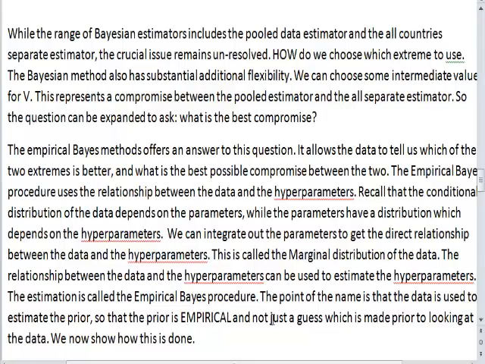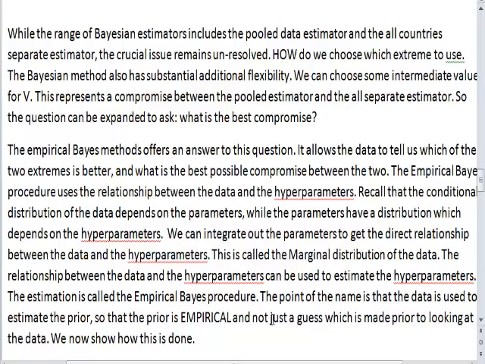Now empirical Bayes is based on integrating out the parameters. It takes them out from the middle and creates a relation directly between the data and the hyperparameters. Once the thetas are gone from the middle, you have a joint distribution of the x and the theta_i depending on the hyperparameters, because in the standard Bayesian setup, you have a conditional distribution of data given parameters and a marginal distribution of parameters given the hyperparameters.